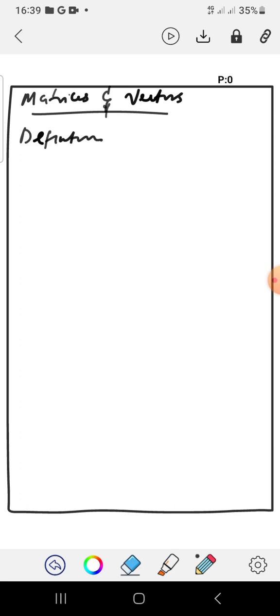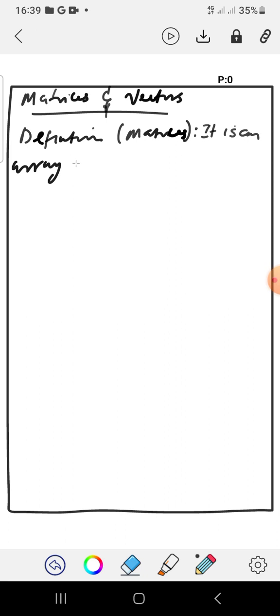Definitions. A matrix is an array of numbers or functions in rectangular form. Array, of course, comes from the word arrangement.